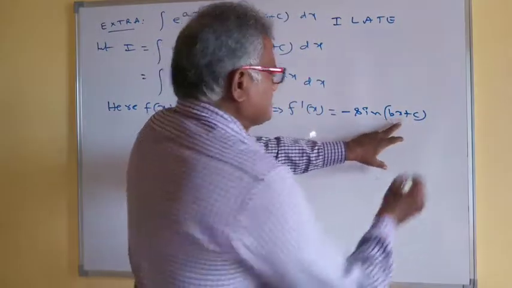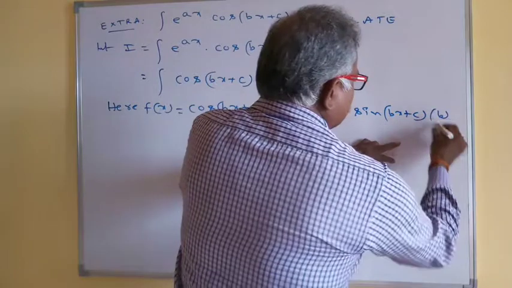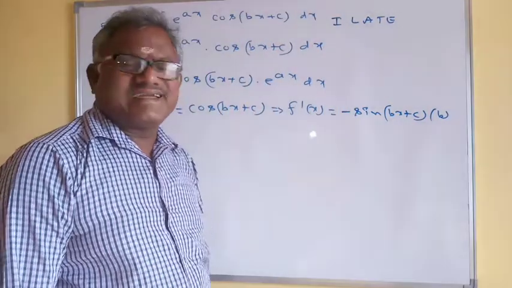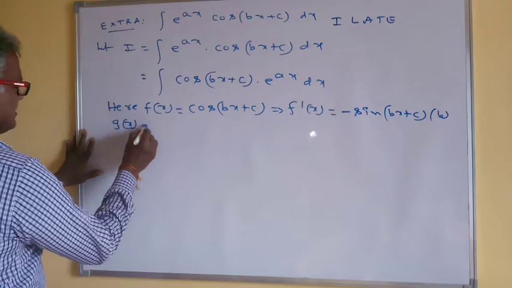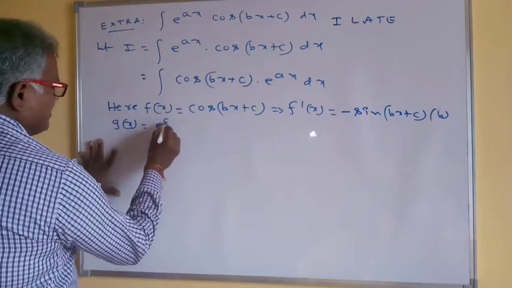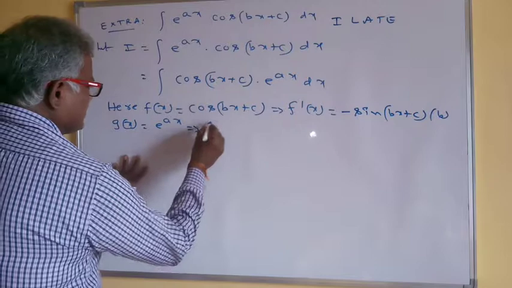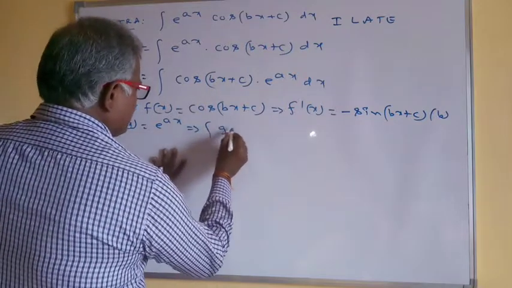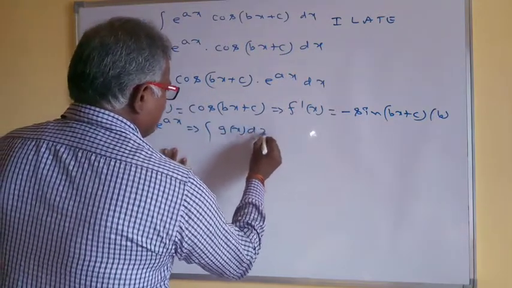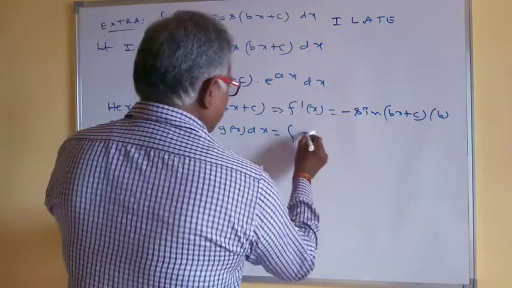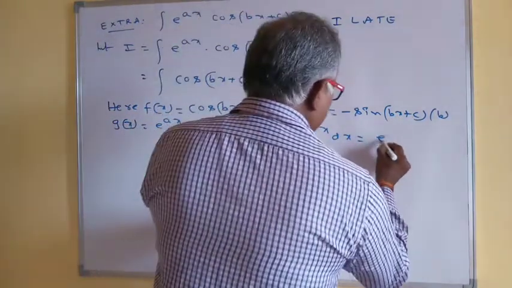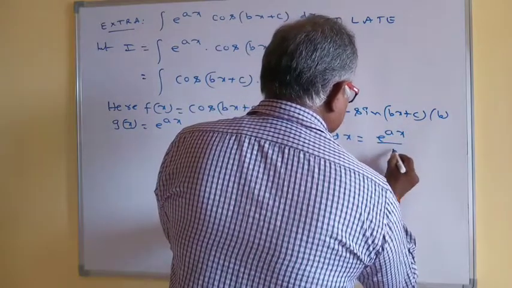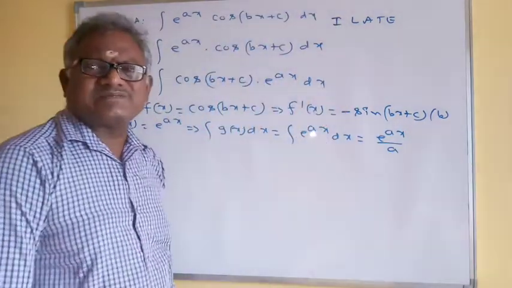Again for bx plus c, the derivative is b. That's all. Okay. Next, g of x is equal to e power ax. For this one, what is the integral value? e power ax by a.